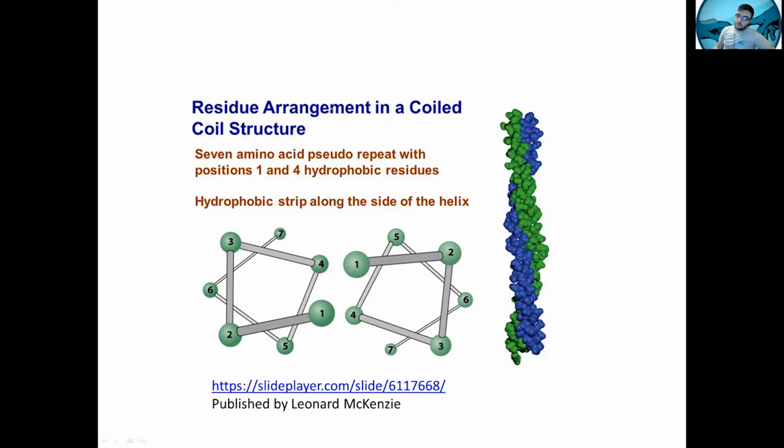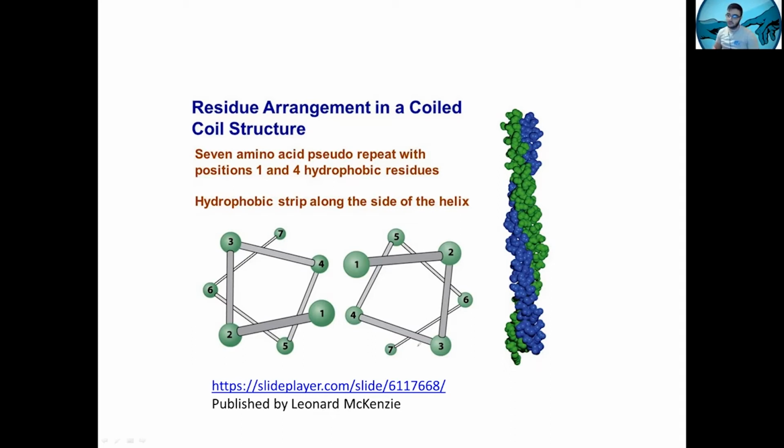And coiled coils, what's important to know about them, they do have a repeating amino acid residue, 7 amino acids. It's a pseudo repeat. Positions 1 and 4 usually have hydrophobic residues, so this could be any one of the nonpolar residues, like glycine or tryptophan or anything like that.